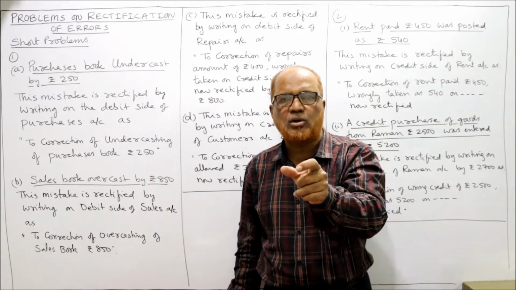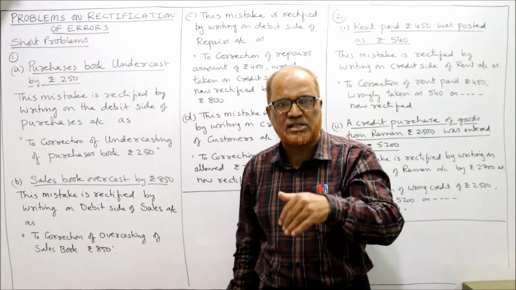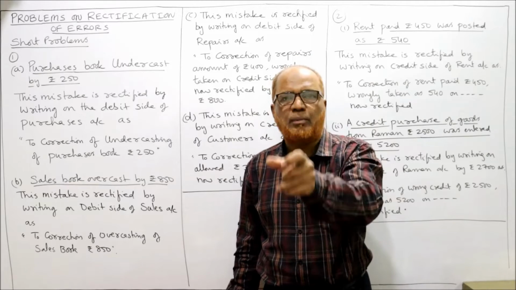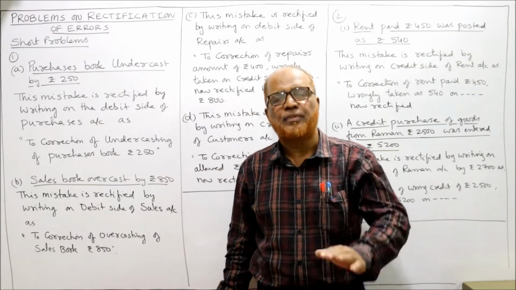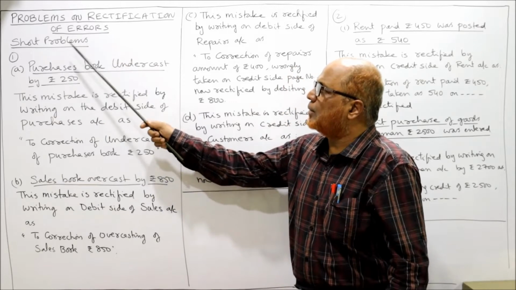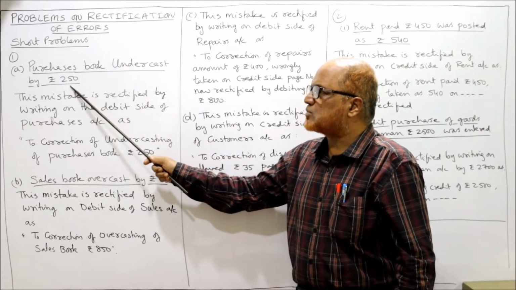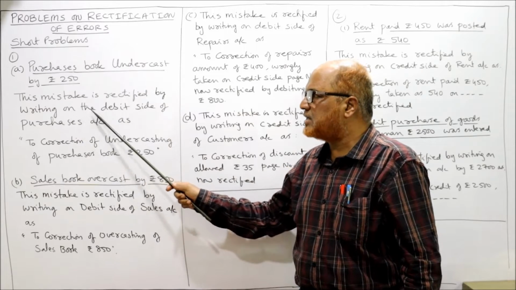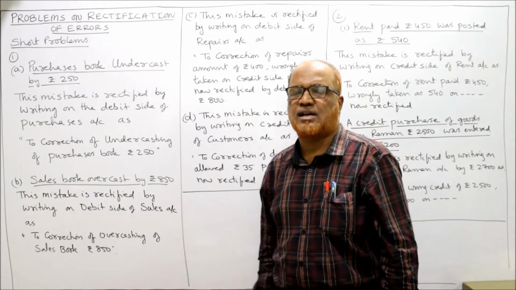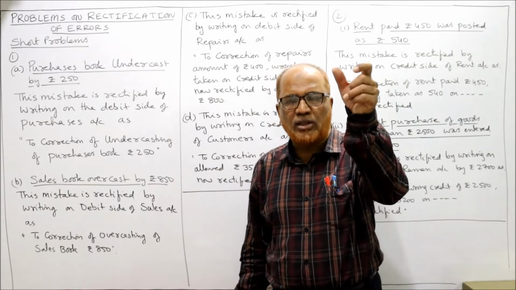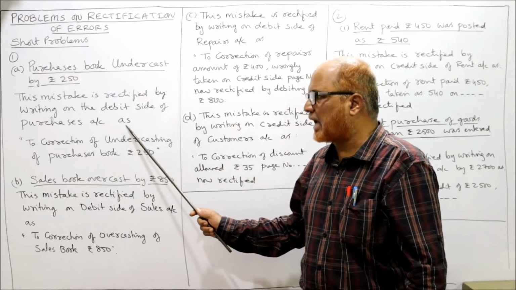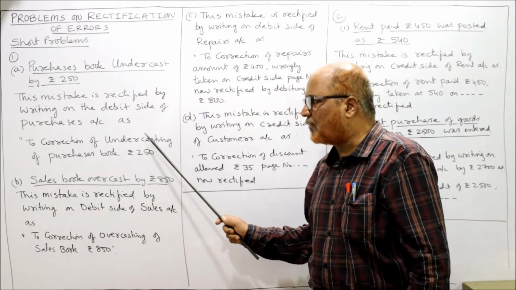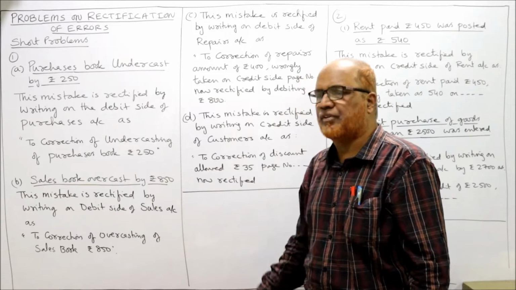So in purchase account, always it will be debited. When we purchase the goods, purchase account is debited. So debit side 250 rupees less we have taken. Now we take 250 rupees. So purchases book undercast by rupees 250. This mistake is rectified by writing on the debit side of purchases account, as to correction of undercasting of purchase book 250.